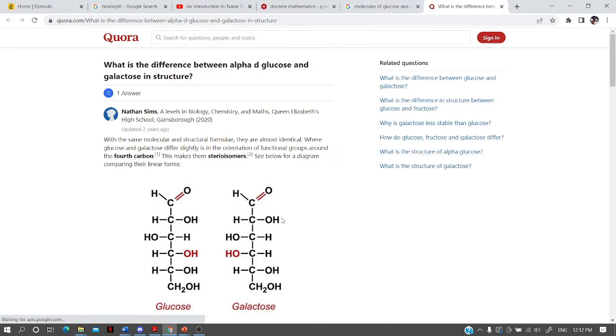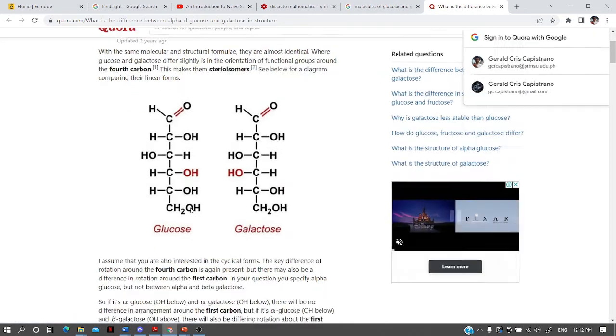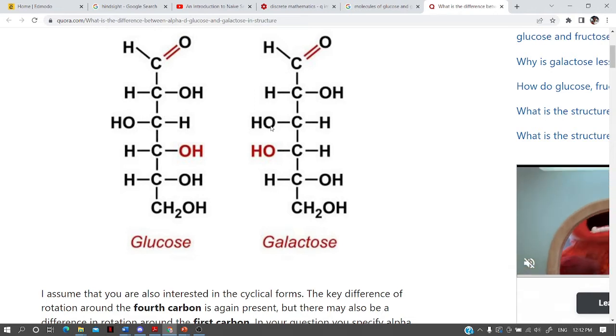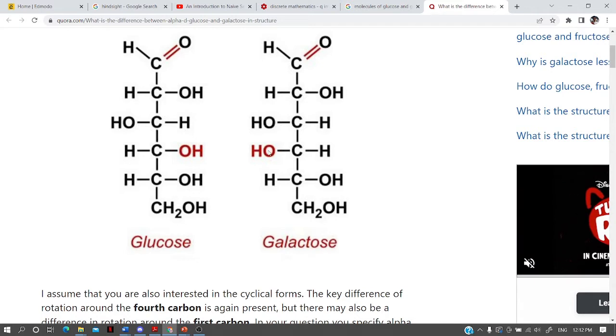It may look like they have the same structure, but as you can see here, we have hydrogen, hydroxyl, hydroxyl, hydrogen, and the form is inverted. Then we have OH and hydrogen, then hydrogen, OH, and hydrogen, OH. So as you can see, glucose and galactose are what we call stereoisomers of each other.